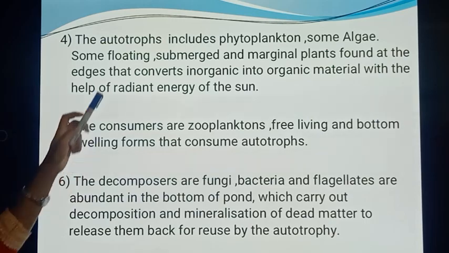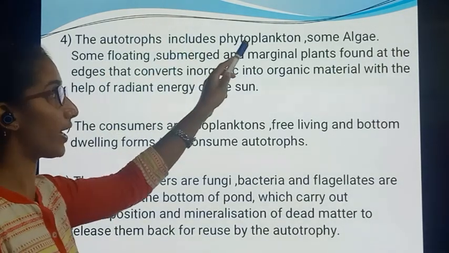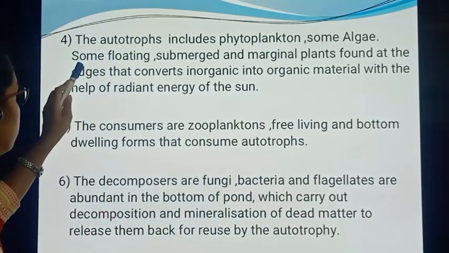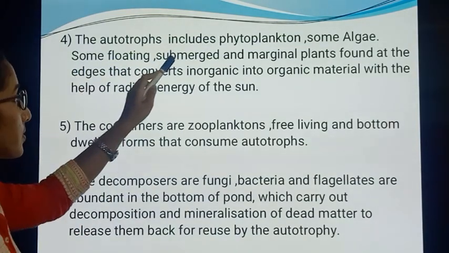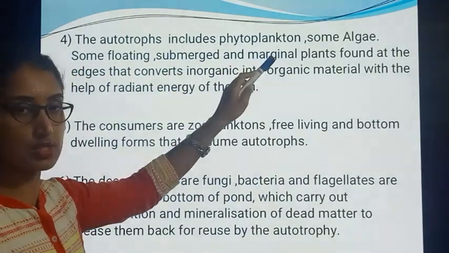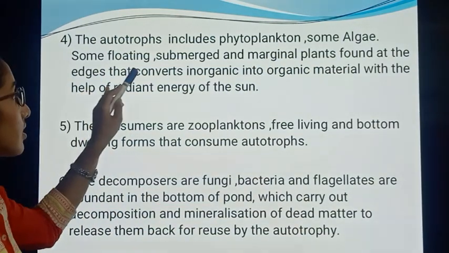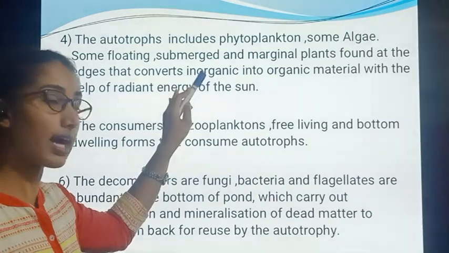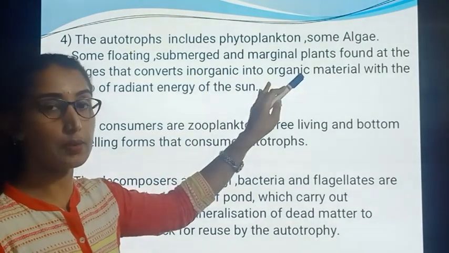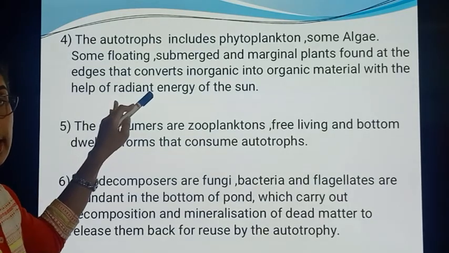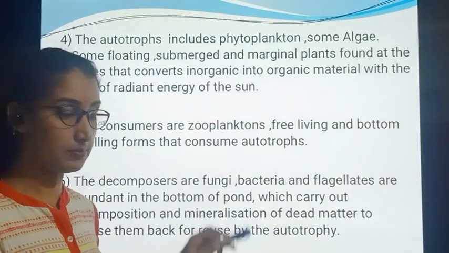The autotrophs include phytoplanktons, some algae, and some floating, submerged and marginal plants found at the edges, that convert inorganic into organic material with the help of radiant energy of the sun.